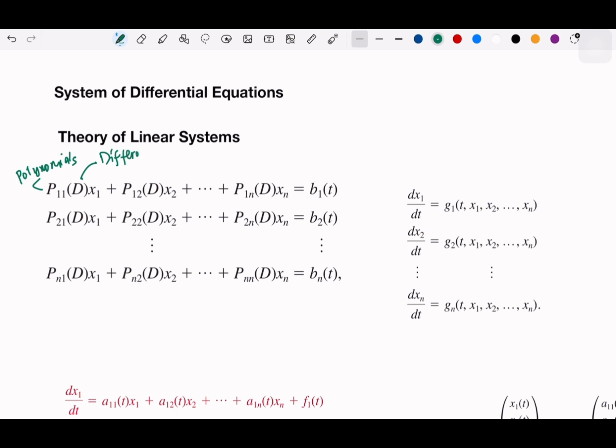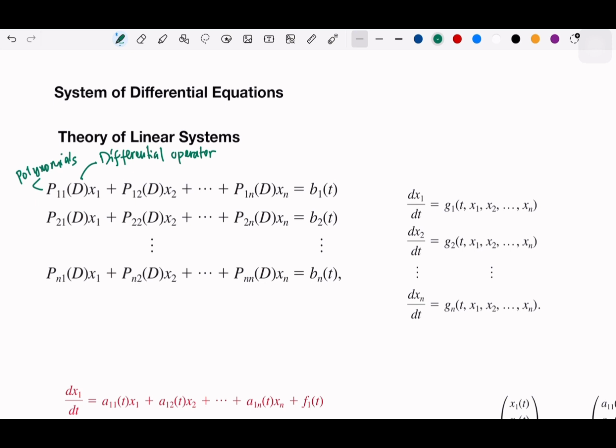So it can be first derivative, second derivative, anything. It's just to show us it's the differential operator. And x will be the variable. I think it's understandable.